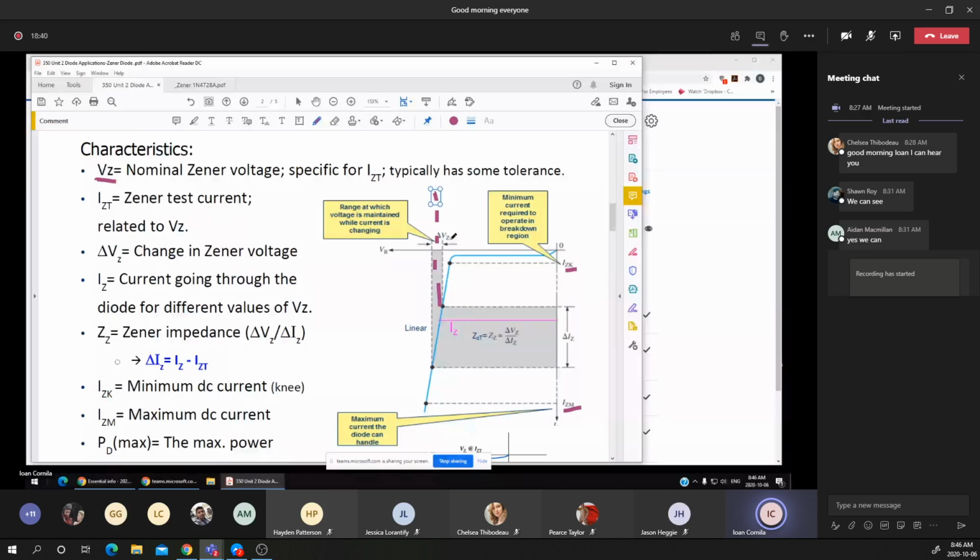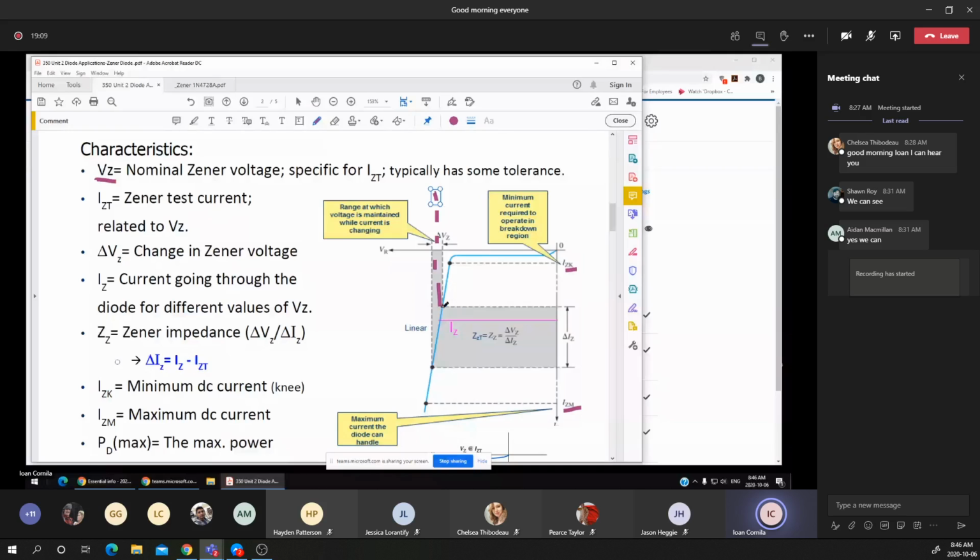The practical value of the delta Z can be a few tenths of millivolts or a few hundreds of millivolts. If the Vz is a small value like 3, 5, 10 volts, probably delta Z will be in the range of, excuse me, a few tenths of volts.